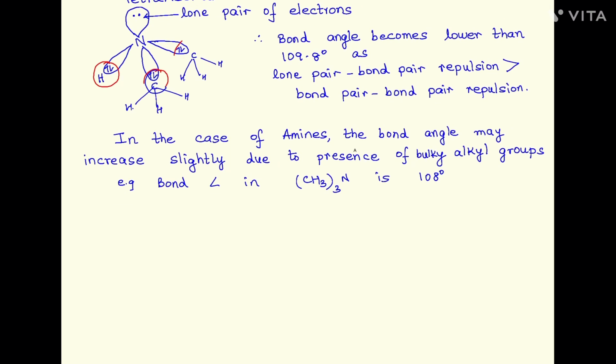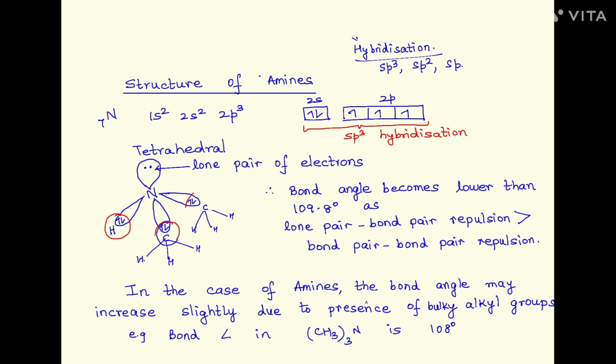So what we notice is, in the case of trimethylamine, (CH3)3N, the bond angle is 108 degrees. According to the structure of ammonia, the bond angle should be somewhere around 107 degrees. Tetrahedral bond angle is 109.8.